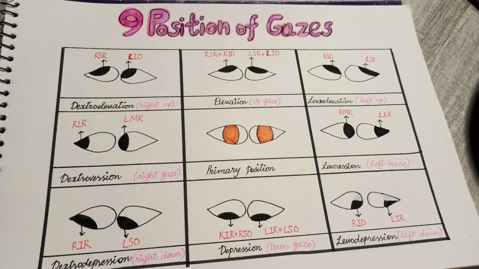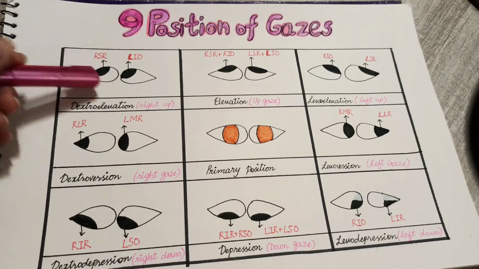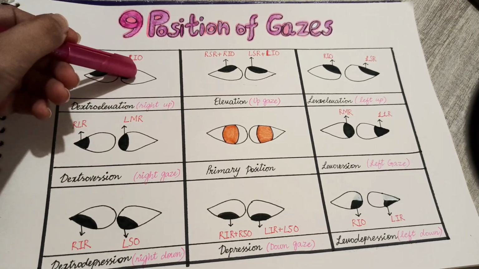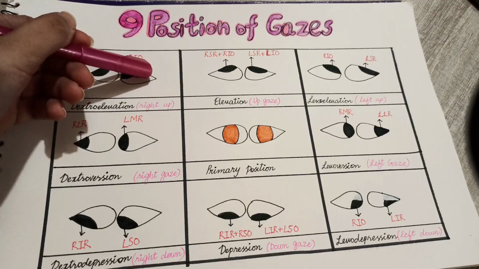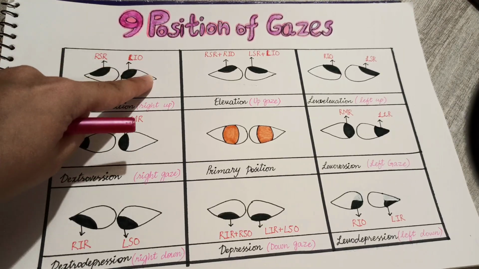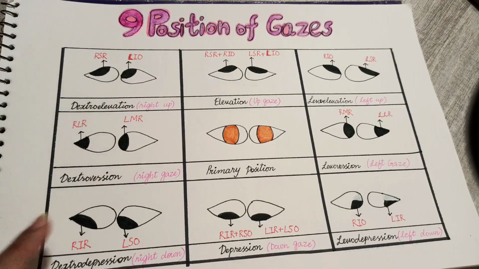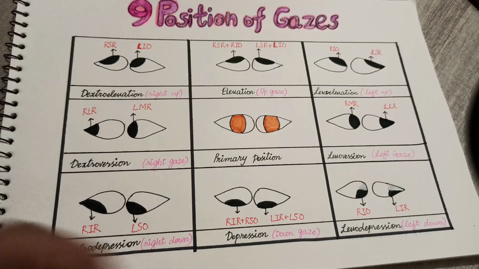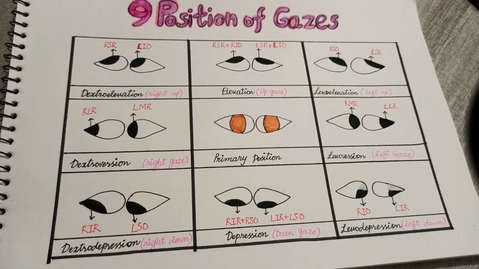When we talk about dextro elevation, right eye superior rectus and left eye inferior oblique will be in action. Remember this also, that in the case of dextro elevation, dextro depression, levo elevation and levo depression, in whichever direction the eyes move, the rectus of that eye will be in action, and the oblique of the other eye.